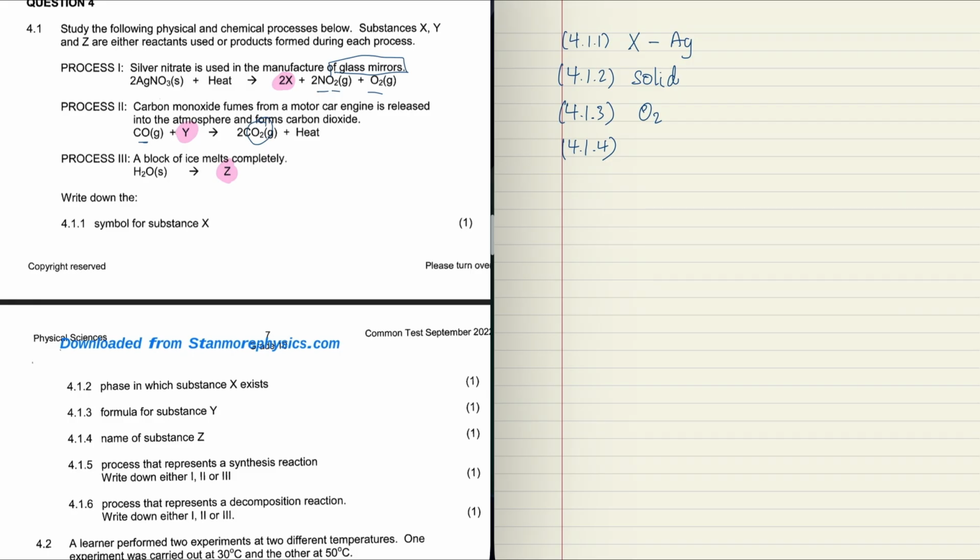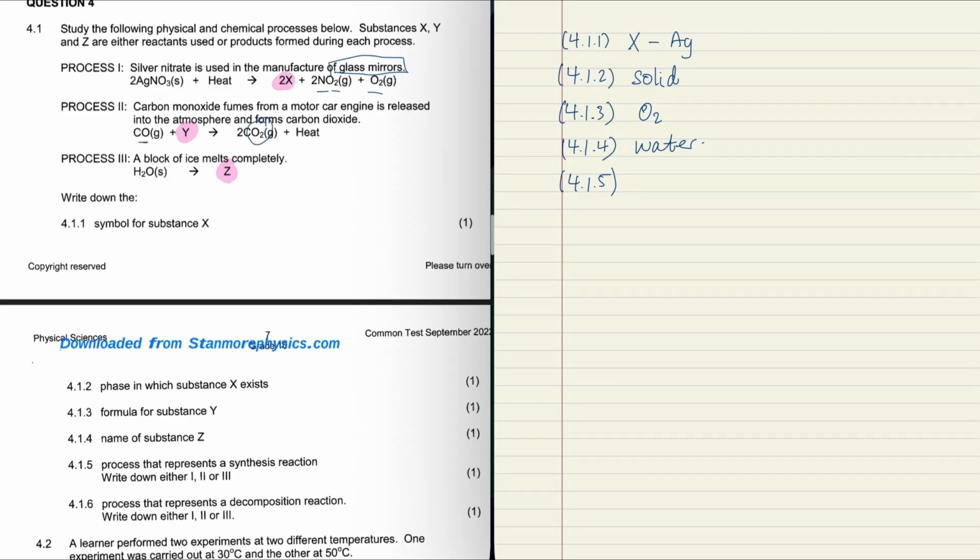Question 4.1.4, the name of substance Z. So block of ice melting completely, it's water becoming water. So the answer here is going to be water. Question 4.1.5, write down the process that represents a synthesis reaction. A synthesis reaction is a reaction in which two things make one thing.